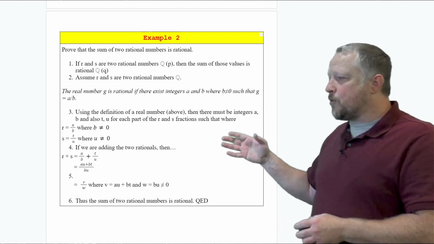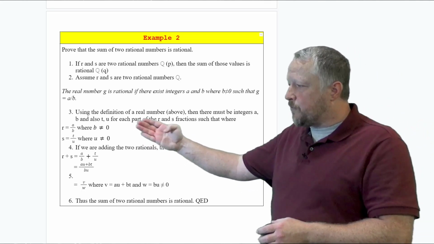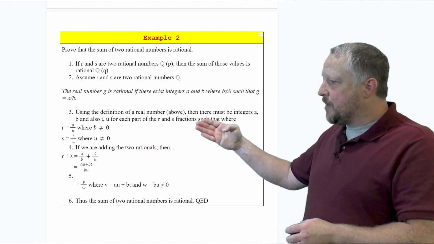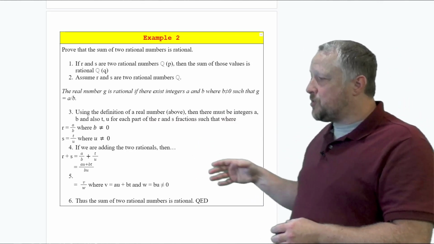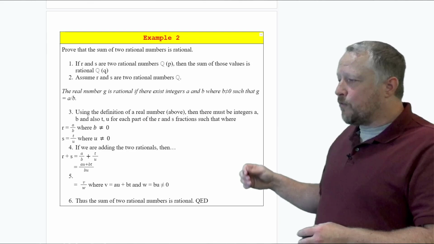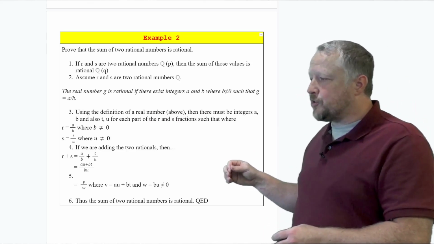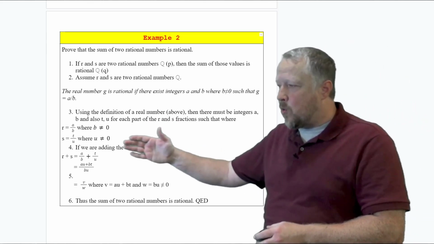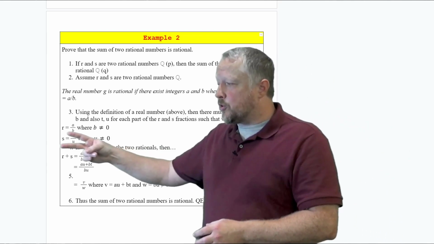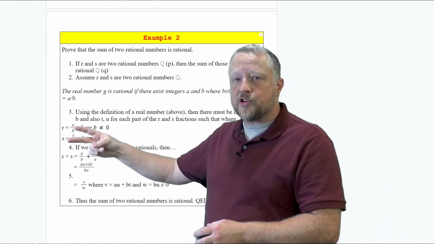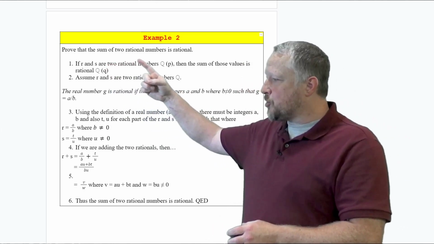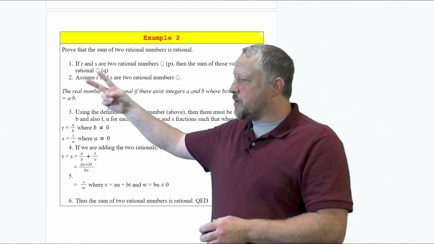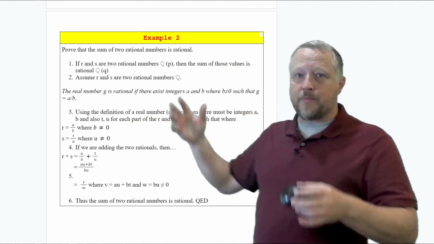So here's number 3, using the definition of a rational number above, there it is right there. Then there must be integers A, B, and also T and U for each part of the R and S fractions such that they were this. Now, why am I even talking about that? Because remember, there's 2 parts of the equation that we had, which was R and S, the 2 rational numbers, and notice I named them R and S. So they didn't appear from the heavens.